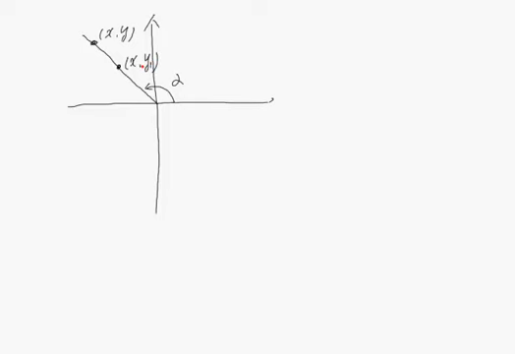So we know both x and x1 are negative, right? We have x and x1 in this quadrant 2 less than 0.